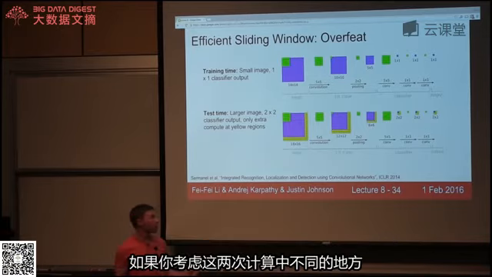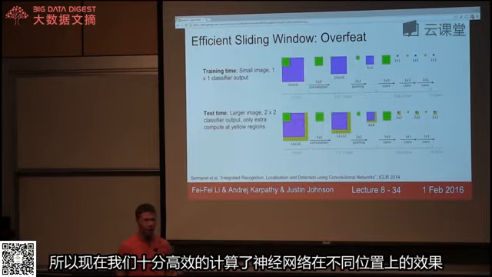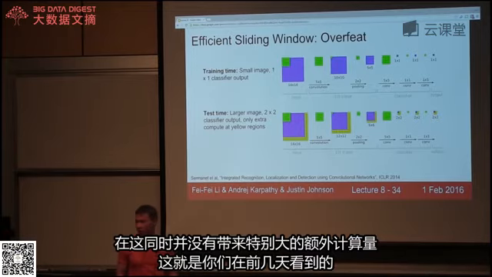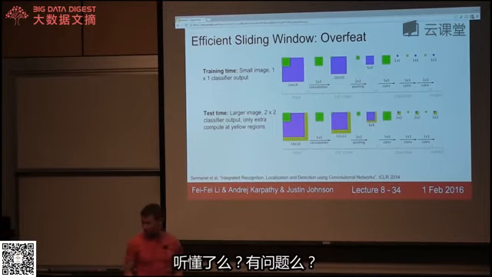Because if you think about the difference between where we're doing computation here, the only extra computation happened in these yellow parts. So now we're very efficiently evaluating the network at many, many different positions without actually spending much computation. So this is how they were able to evaluate that network in that very, very dense multi-scale way that you saw a couple slides ago. Does that make sense? Any questions on this?